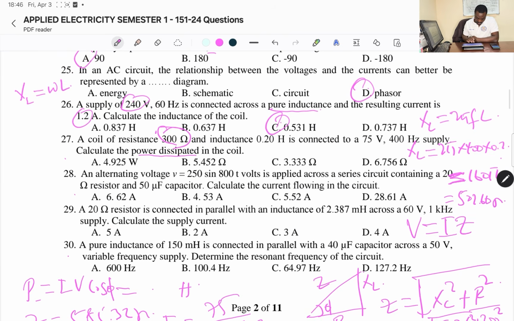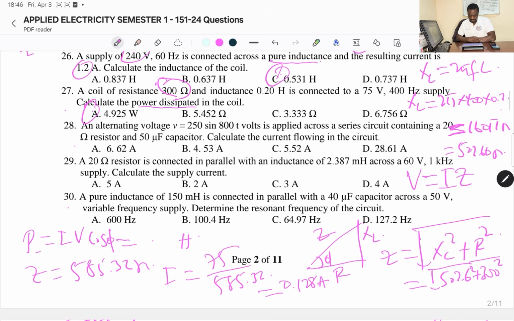So you can see we have 4.925. So the answer here will be A. Okay, so here we've gotten the answer.